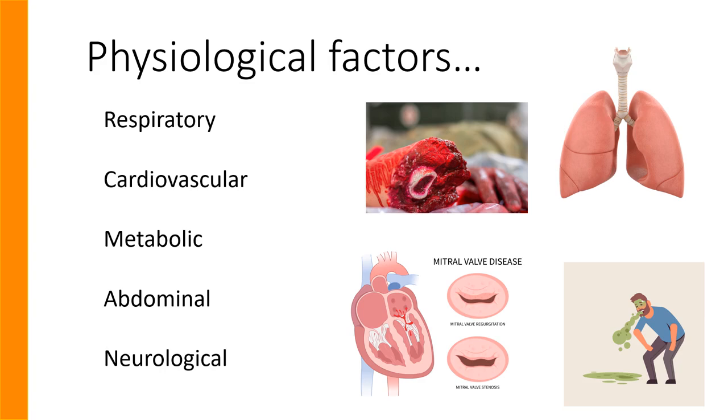Rapid desaturation may also occur due to increased metabolic requirements, and rapid oxygen depletion. And examples of this would include pediatric patients, burns patients, septic patients. Another physiological consideration is unstable patients that can't tolerate even brief periods of desaturation or hypercapnia.